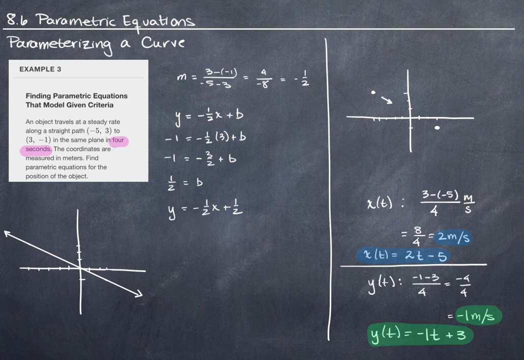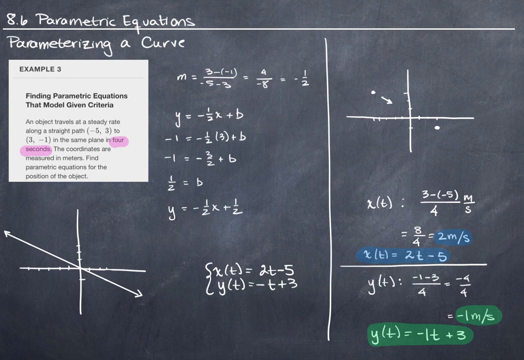But for the parametric equations, we are given these specific points because they are the starting and ending points of the path of the object. So now I can write x of t equals 2t, sorry, not plus, but minus 5, and y of t equals -1t, or just negative t, plus 3, and that is my system of parametric equations.